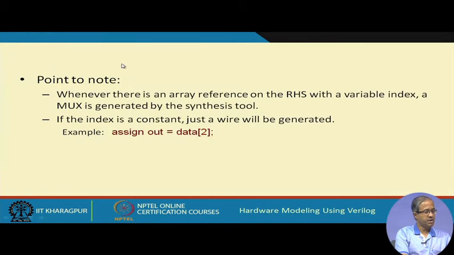The point to note is that, as I said with the example I have shown, whenever there is an array reference with a variable index, a multiplexer will be generated. However, if on the right side it is not a variable but a constant, let us say assign out equal to data 2, then no multiplexer will be generated, because data is nothing but a vector, a collection of bits.